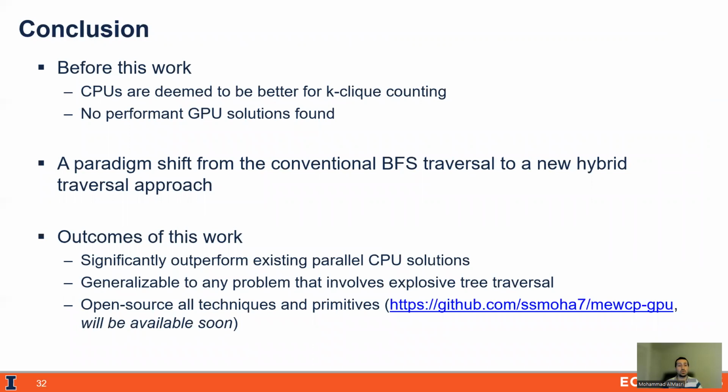The outcome of this work is that we significantly outperform existing parallel CPU solutions. Our techniques and primitives are generalizable to any problem that involves explosive tree traversal. Lastly, we will open source our implementations, techniques, and primitives on GitHub for further improvement of K-Clique counting and graph pattern mining in general.